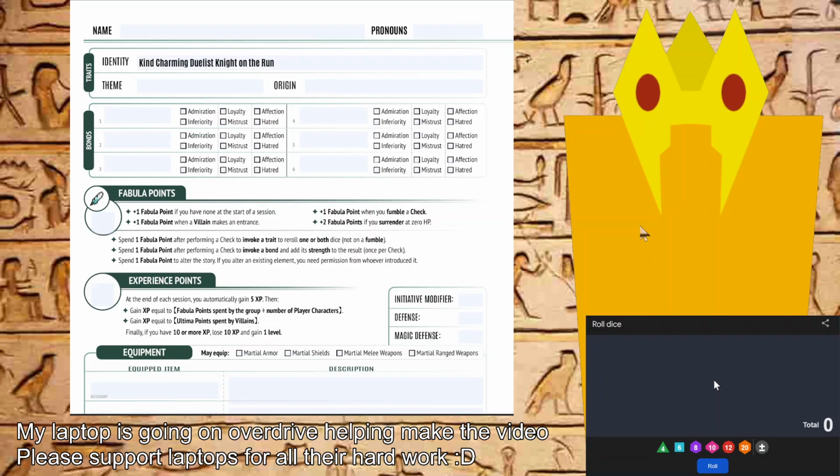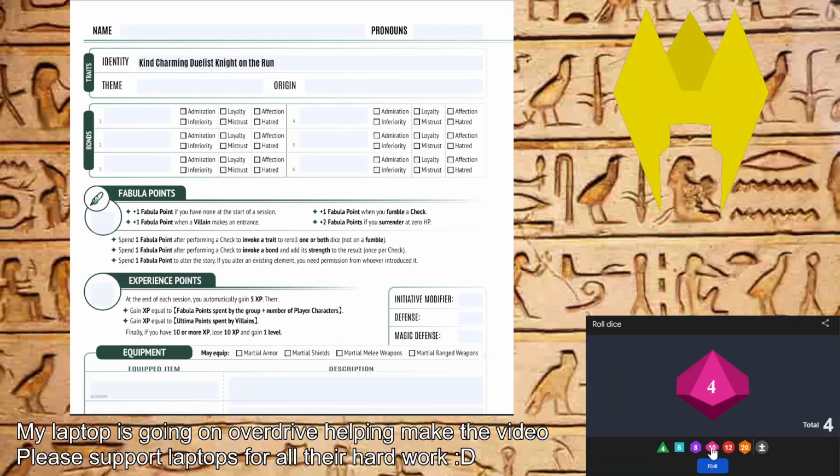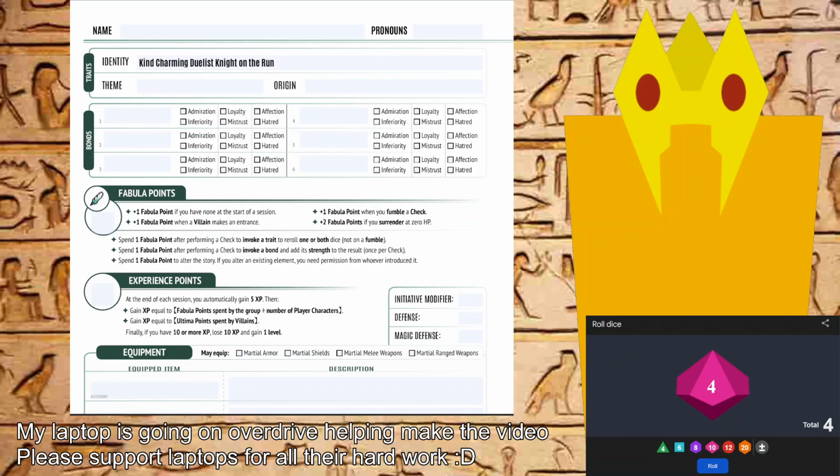So we will do just that. And that's a 4, which is doubt, which is interesting. You need to find answers to a burning question. That is interesting.